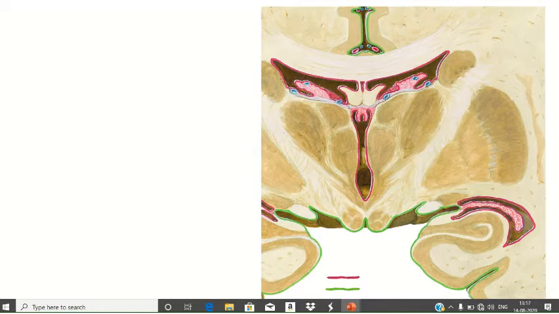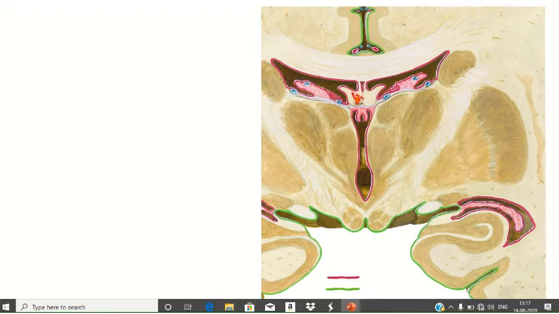And here you can identify the structures present: the choroid plexus, which is present at the superior surface of the thalamus. The medial area of the upper surface is separated by the body of the fornix. Here you can see the body of the fornix.